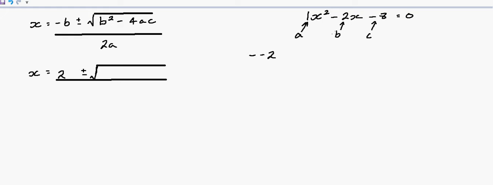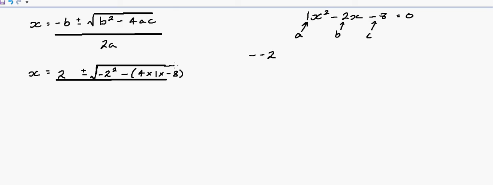Now we get b squared. So b squared is -2 squared, minus, and again I put this in a bracket, 4 times a, which is 1, times c, which is -8.